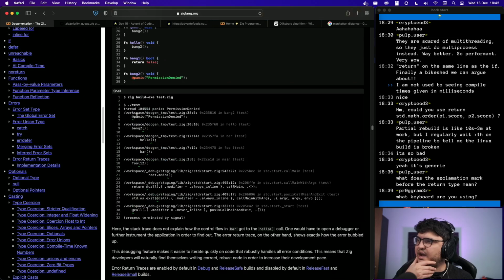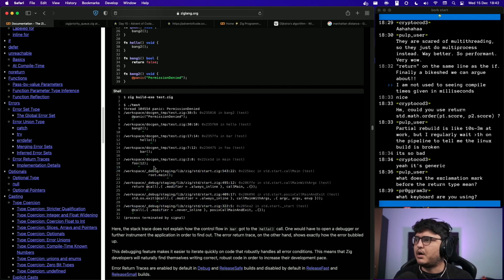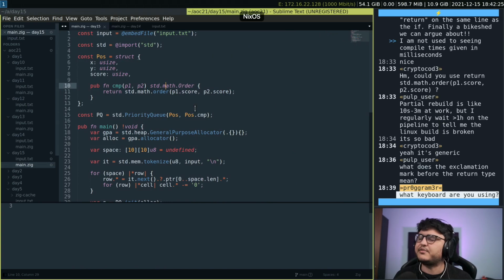And this is where the actual stack trace starts. So it's a built-in way of providing context to errors, and it's pretty cool. That's why there's this special syntax with an exclamation mark.